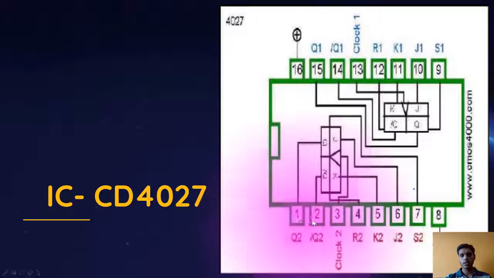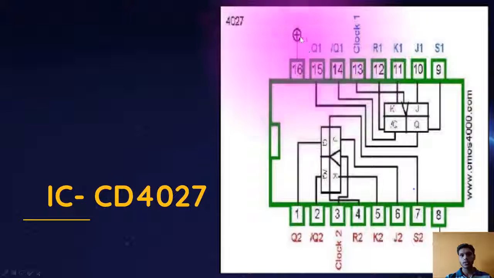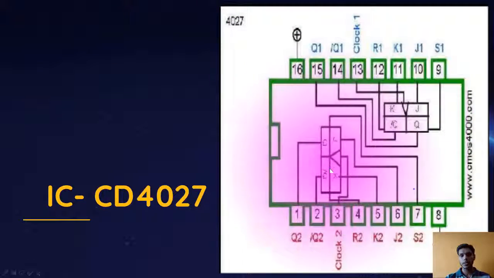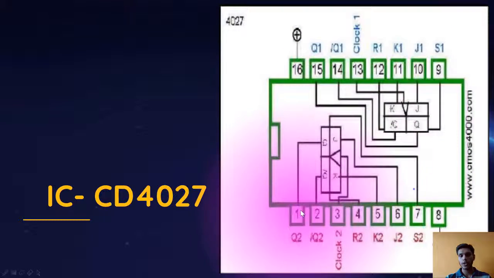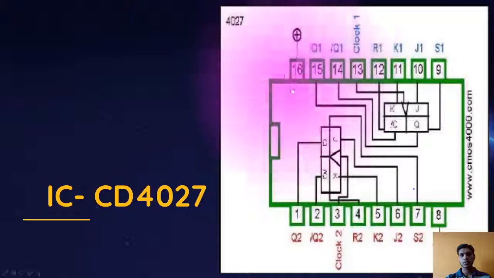These are the 16 pins. The 16th pin is here, and the 8th pin is here, and these are the two JK flip-flops, and there are two clocks, but in this circuit we have used only these 8 pins. These pins are unused in my project.